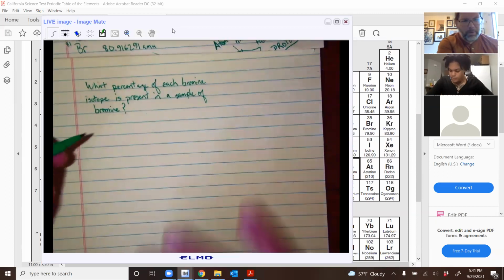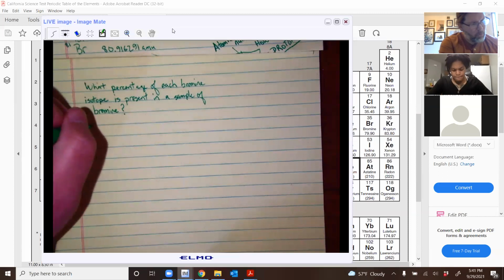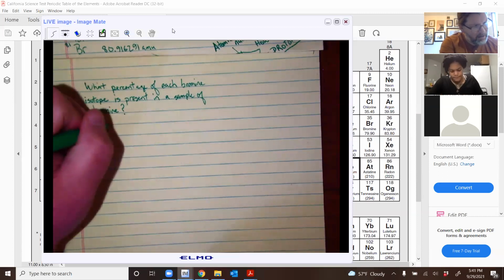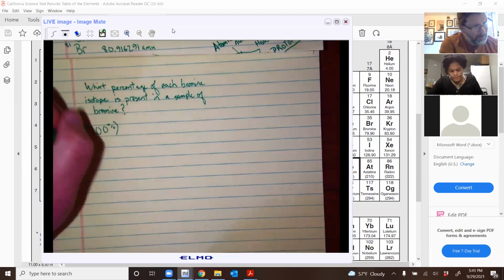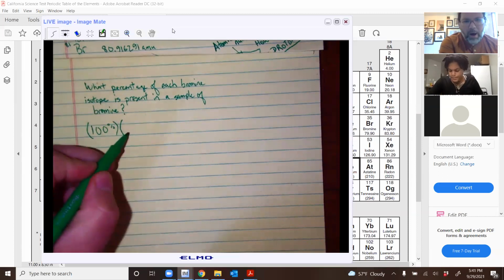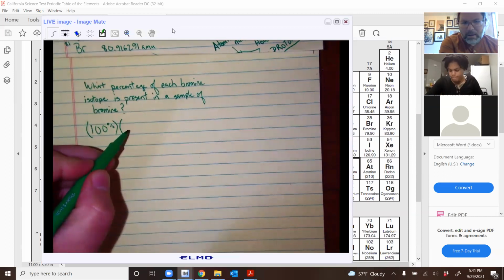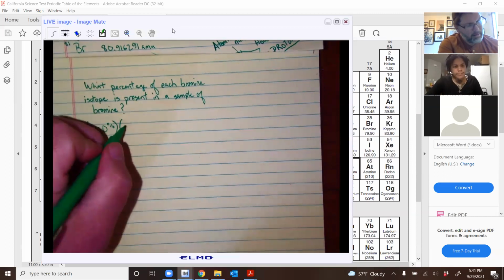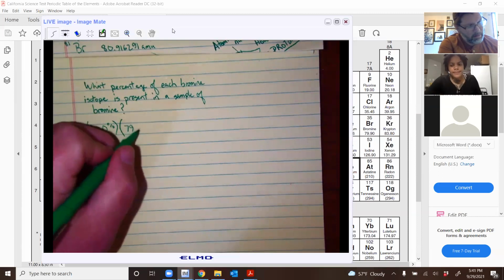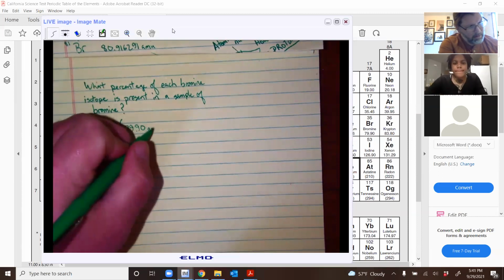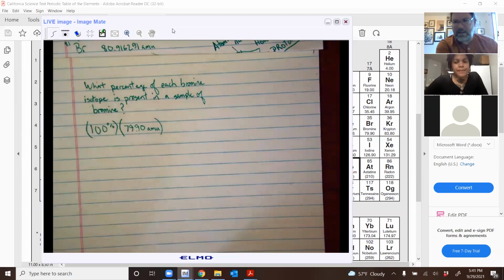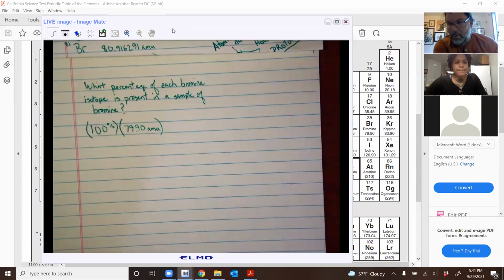So let's think this through a little bit. 100% of our bromine atoms have what average atomic mass? The periodic table says the average atomic mass is 79.90 atomic mass units, right?